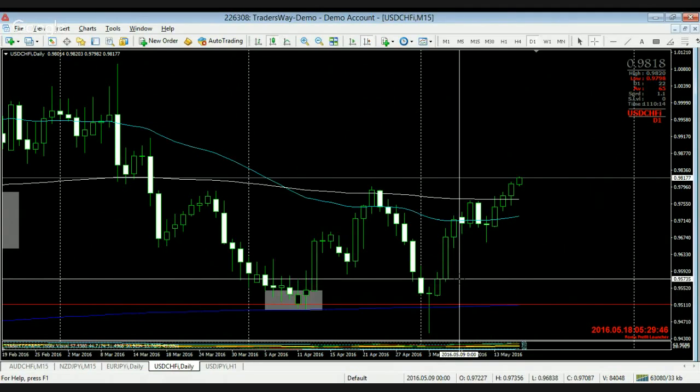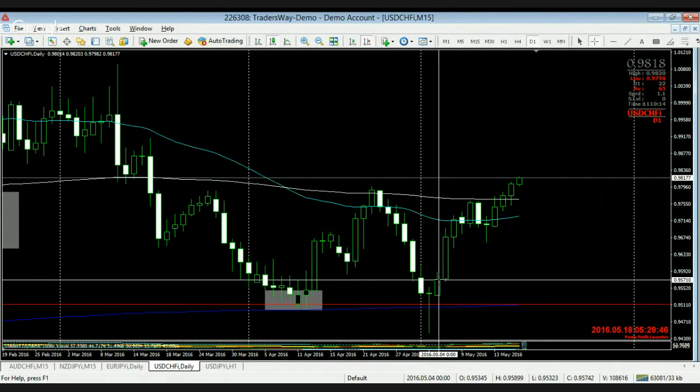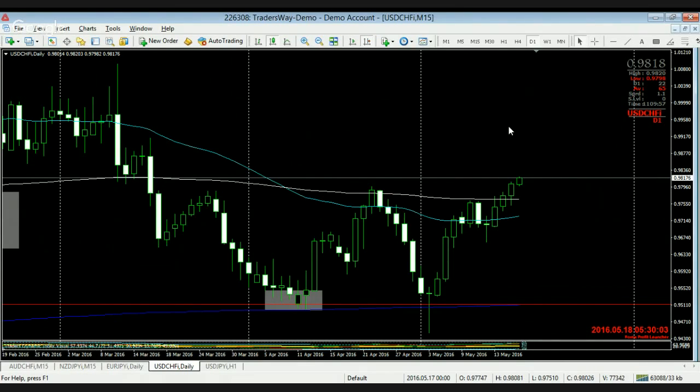This will be your entry here. As soon as this candle closes, you take your entry on the next candle open. All right, entry here, then you write it up, and I will show you guys how to take your take profit, but that's how you trade a W formation.